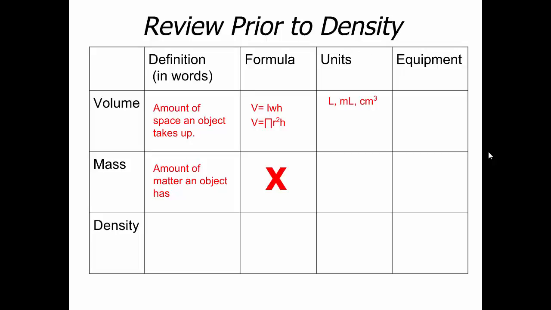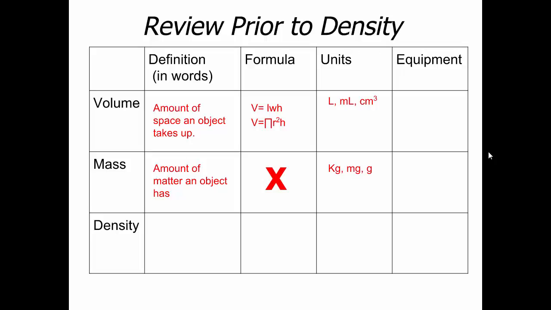How about mass? What are our typical units that we use for mass? Grams or kilograms. What other one? Think vitamins. Milligrams. Yes. What kind of equipment did we use when determining volume?